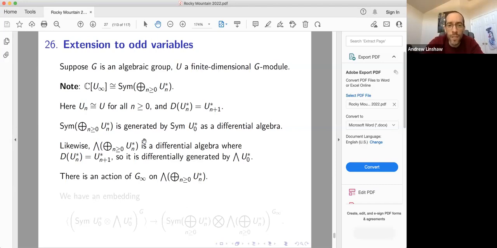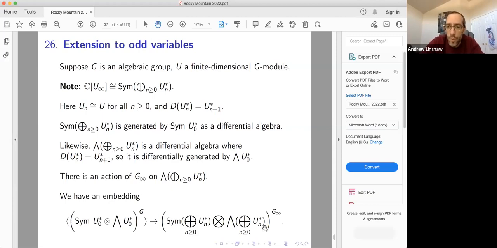And so I can also consider the G infinity invariants in this symmetric piece as well as the tensor product. And so there's a similar statement. Well, there's a statement that if I take the symmetric algebra on all these U_n's, tensor the exterior algebra, and I take G infinity invariants, one thing that's obviously sitting in there is the stuff that comes from U_0 and U_0 over here.